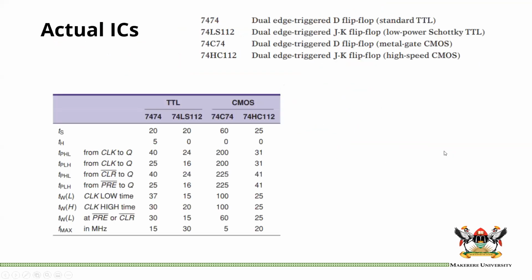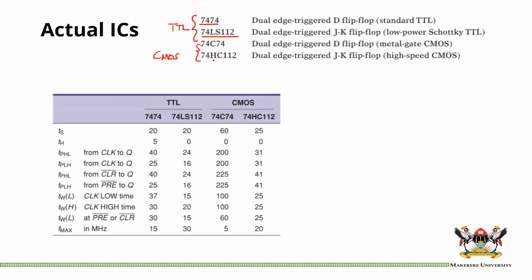Okay, so we have some actual ICs. We, for instance, have the 7474. These are model numbers. We have the 74LS112. Usually these ones, like the 74LS, the LS is usually TTL, and these are CMOS.